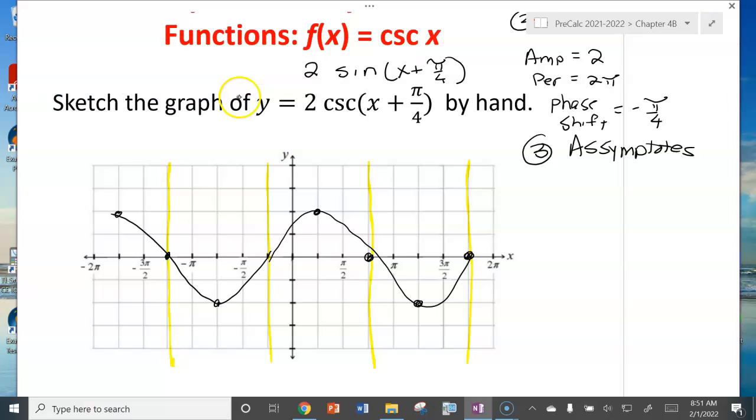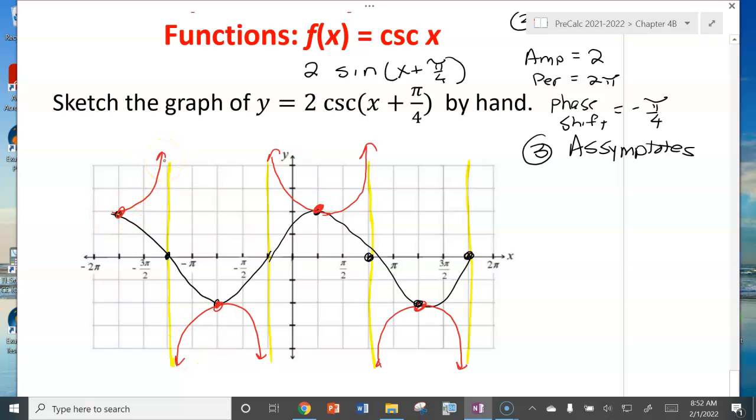And then I have a point at the peak or the trough of my sine graph. So start at the asymptote, touch the sine graph, go back up. Start at the asymptote, touch the sine graph, go back down. Asymptote, sine graph, back down.